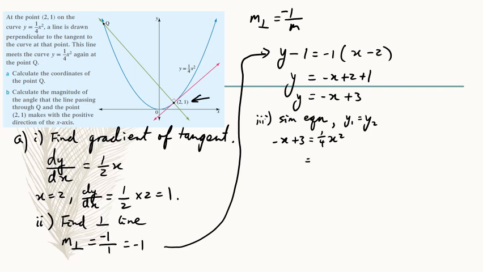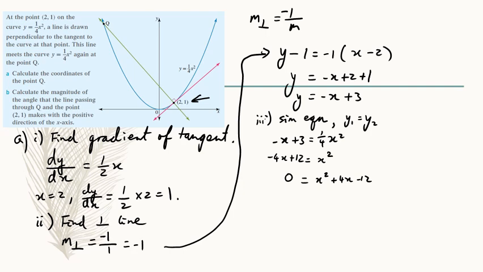Then we don't like numbers in front of the squared term, so we're just going to multiply each side by 4. Then just rearrange it so we have x squared plus 4x minus 12 equals 0.